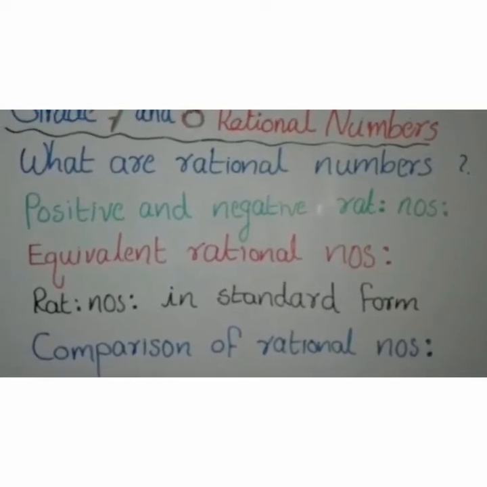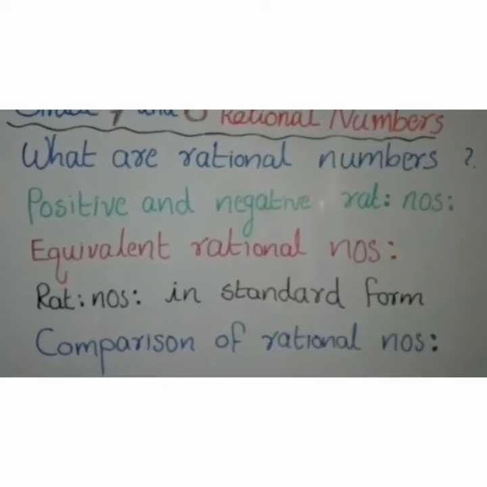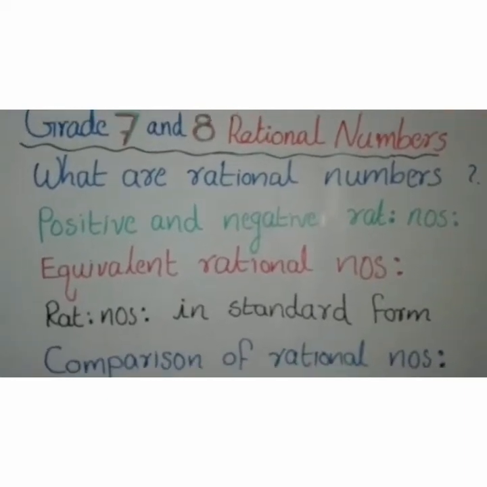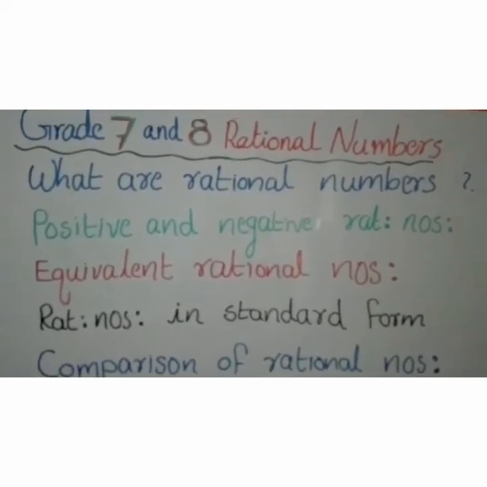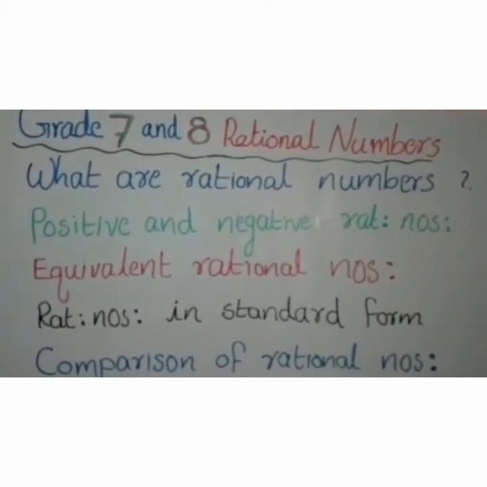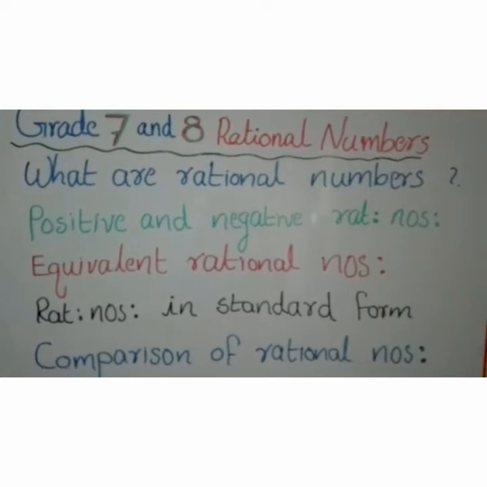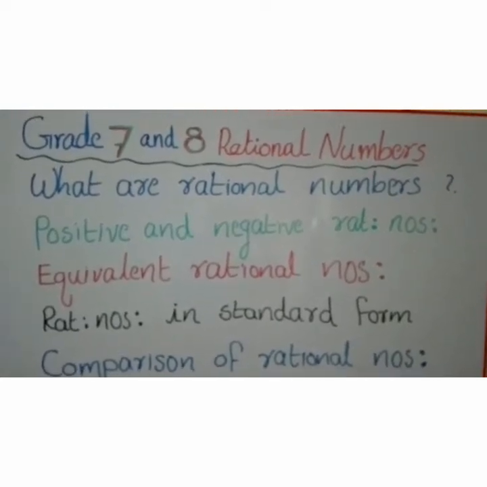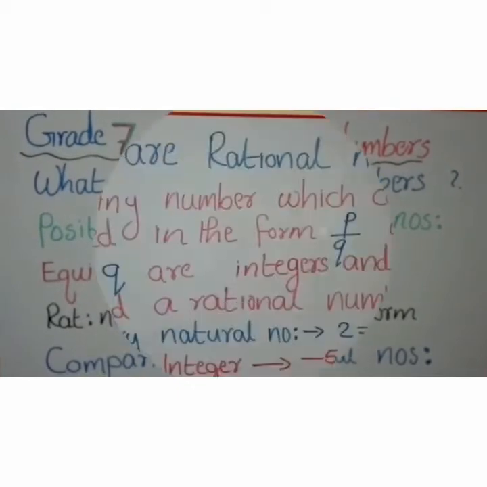And finally, comparison of rational numbers. So all these topics are from grade 7. Then after that, we will move on to the grade 8 topics. Without knowing this grade 7 topic, it is difficult for you to understand the grade 8 topics.